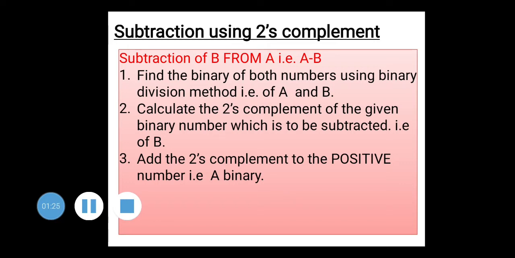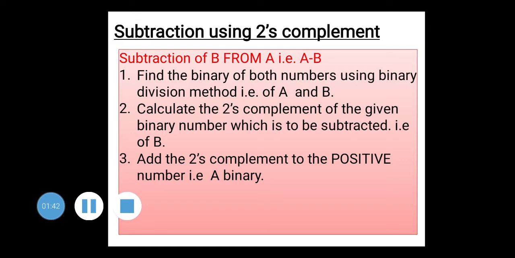After getting the binary numbers of both A and B, the second step is to find the 2's complement of B. If you remember, we have already studied 2's complement.